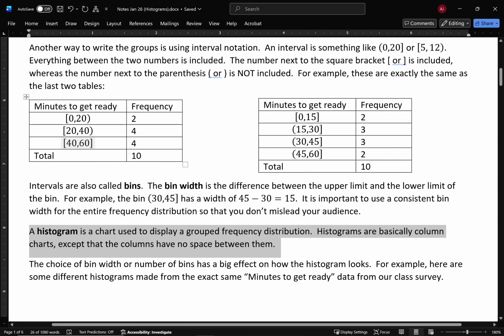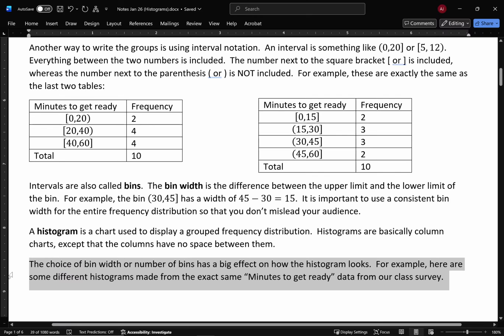There's no number in there that they couldn't answer. So everything is available to them. That entire continuum from 0 up to, I don't know, whatever a reasonable answer is. Like the largest one in our class was 2 hours. Right, so that is a histogram.